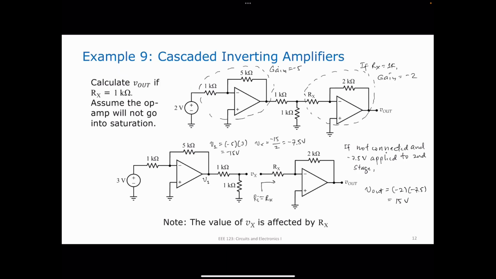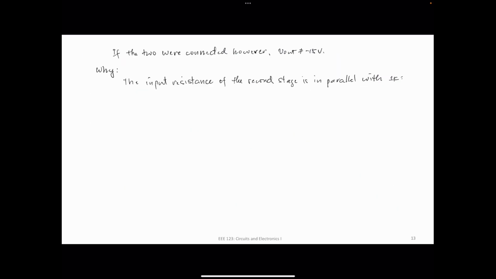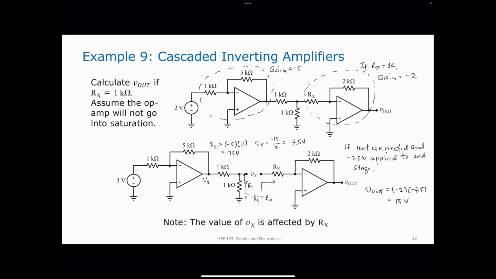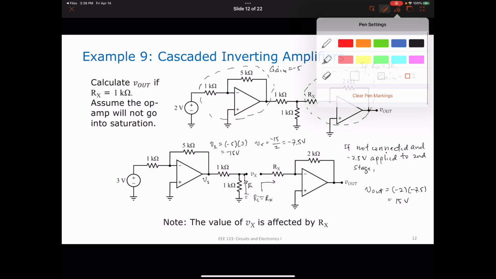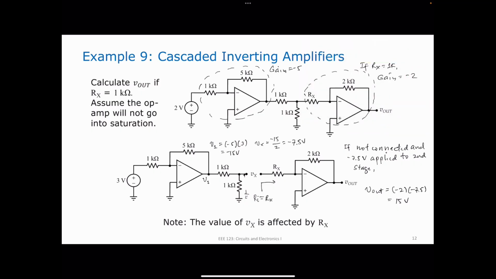So if I take a look, I'm going to have Ri here. So you have 1K in parallel with 1K. Let me just redraw it so that it doesn't look so cluttered.